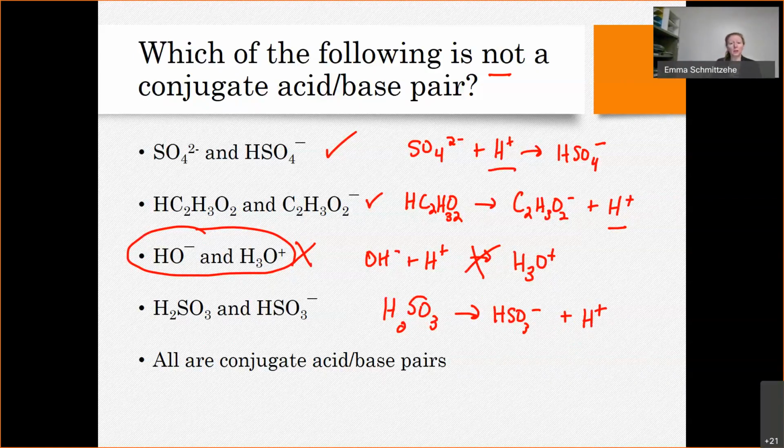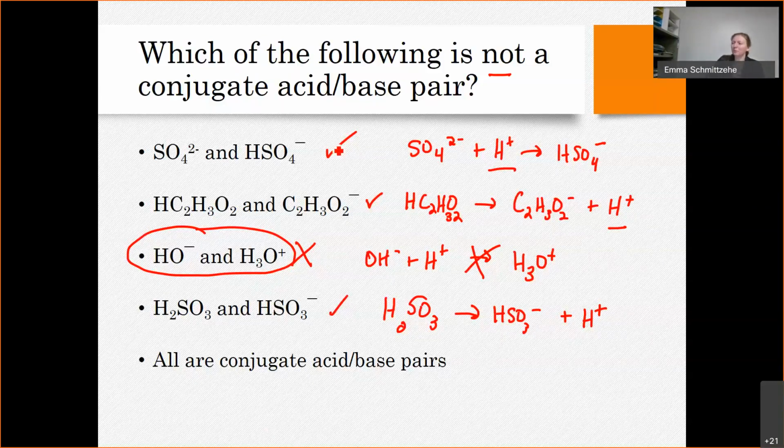So those are linked by an H plus, okay? So that one is a conjugate acid-base pair, so that's not what I'm looking for. And they're not all conjugate acid-base pairs because we've determined that OH minus and H3O plus is not a conjugate acid-base pair. So they need to differ by 1 proton, okay?